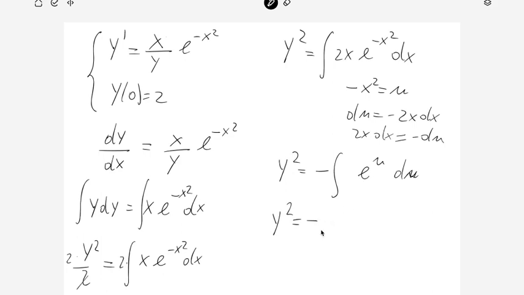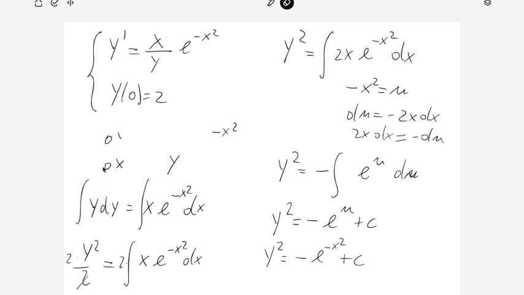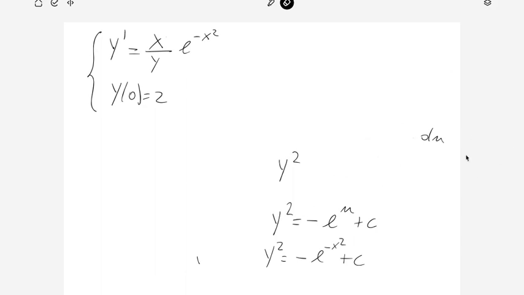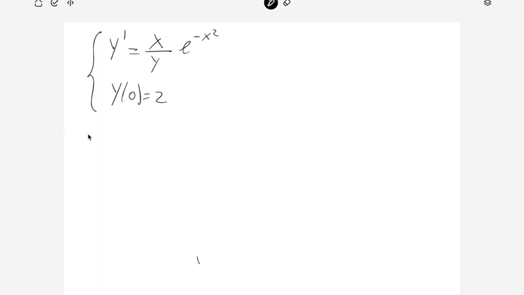So this is e to the u plus c, and this means minus e to minus x squared plus c. Okay, I obtained y squared equal to minus e to minus x squared plus c.